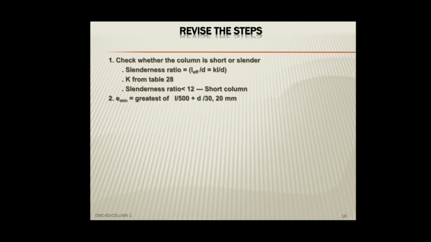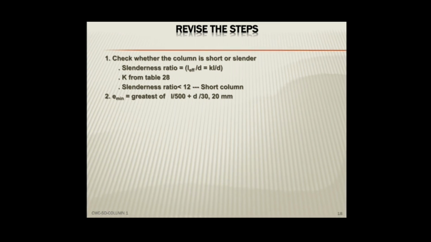Next step is to calculate the minimum eccentricity to be considered. E minimum is equal to the greatest of L by 500 plus D by 30, or 20 mm.